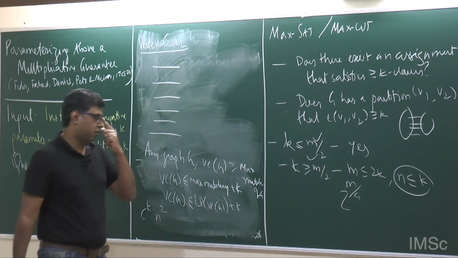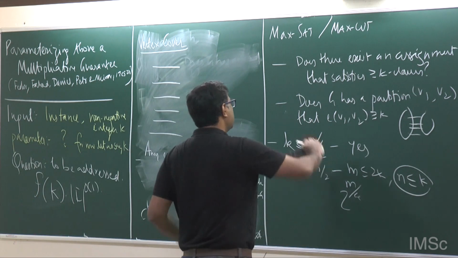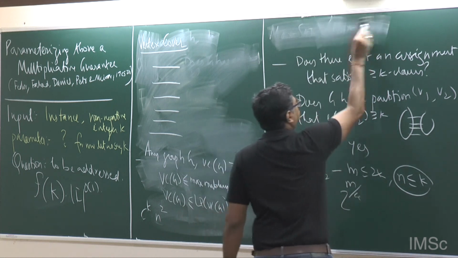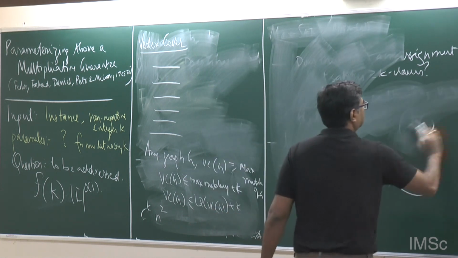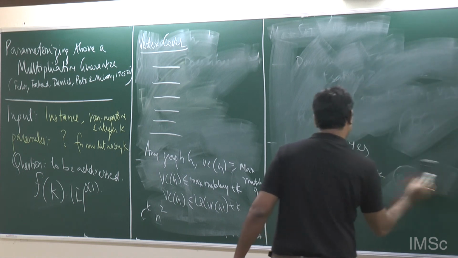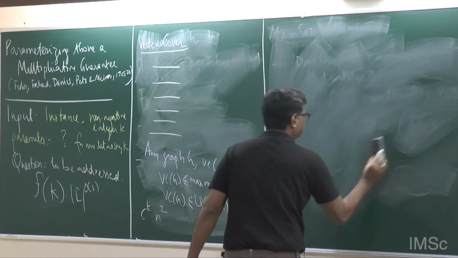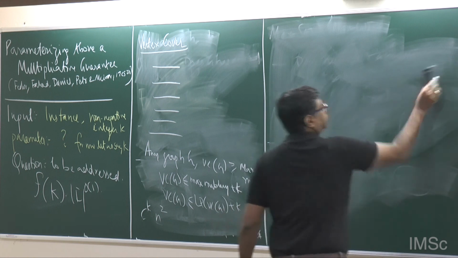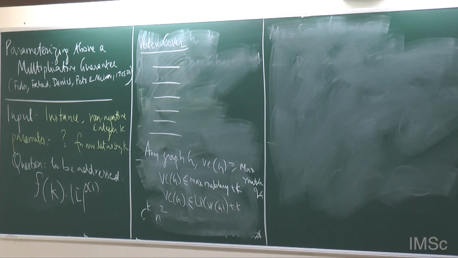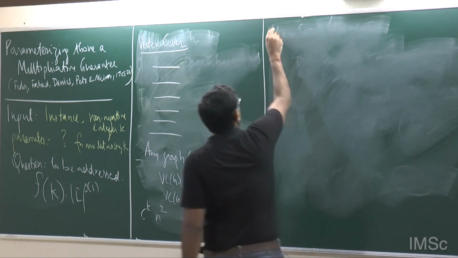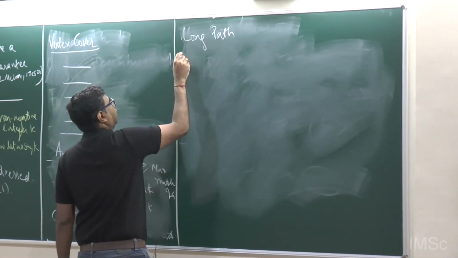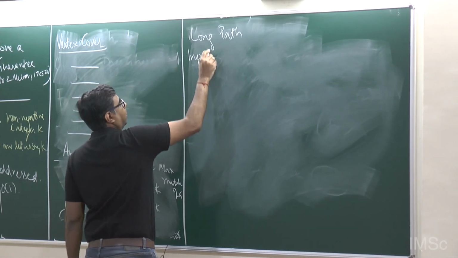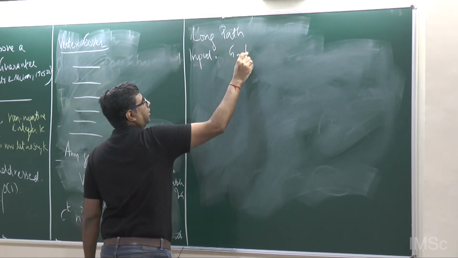And the topic of today's lecture is a slightly different problem called long path and long cycle. So what is long path and long cycle? These are the two problems which we'll study. Input is G comma k.